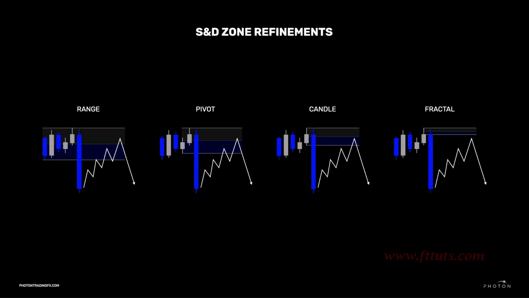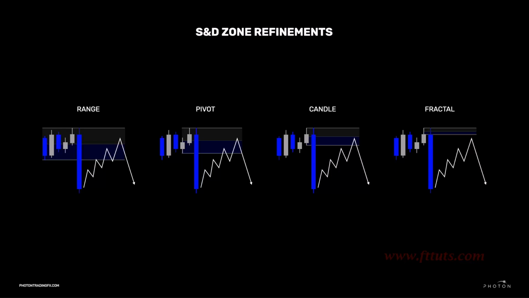But then you could refine that exact same range to just the pivot point of that range before price broke out, where you can see that supply stepped into the market, right, in the second example. So essentially you refine that whole range to just those last two bullish candles where you get that pivot, where you get that buy to sell that broke out of the range. You can then refine this even further to just the last single candle of that pivot point within the range.